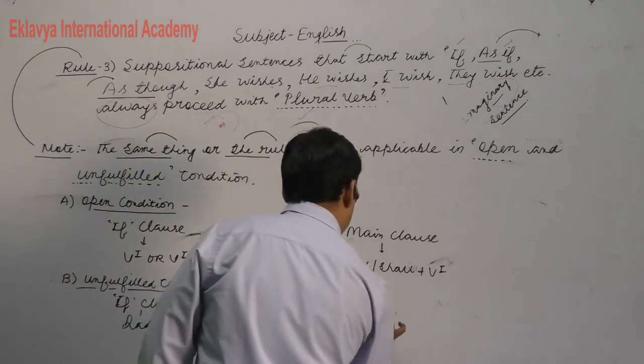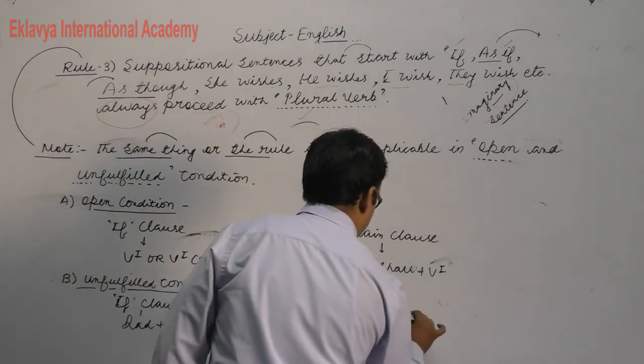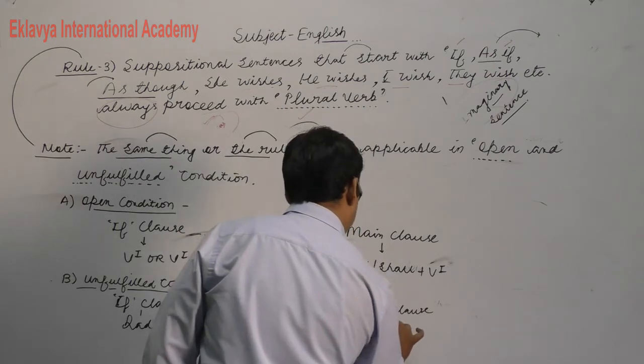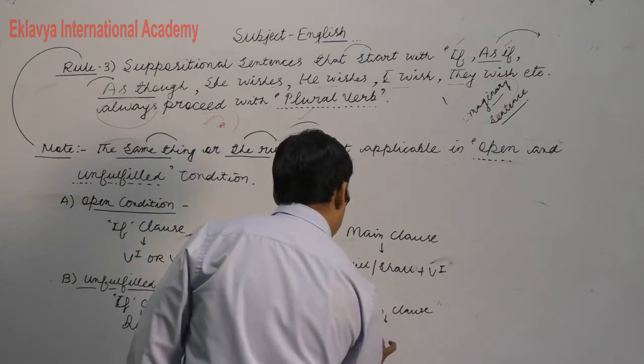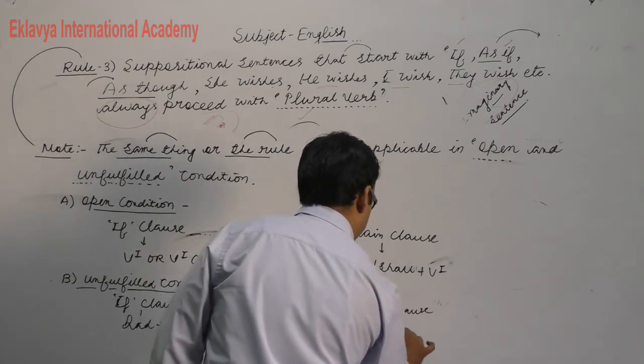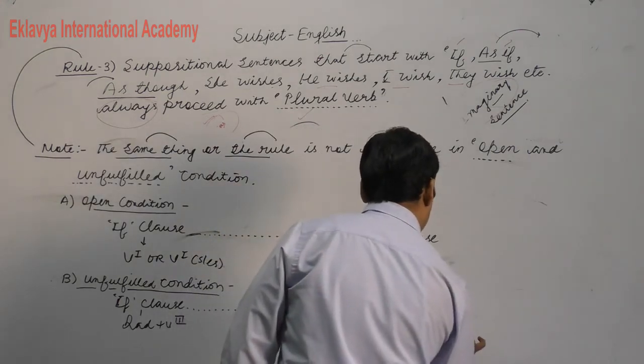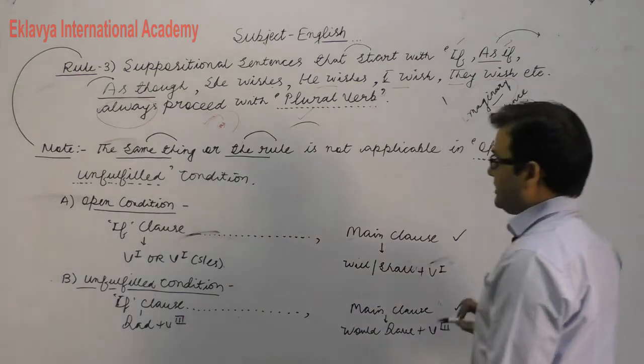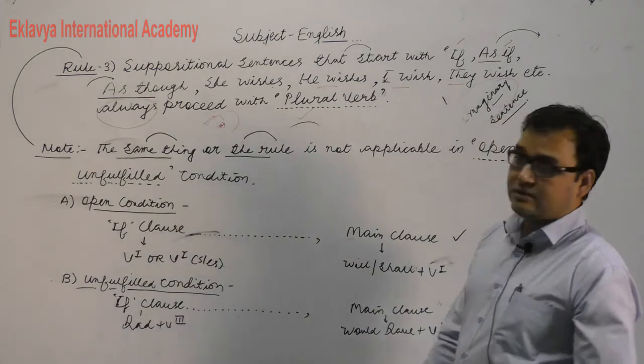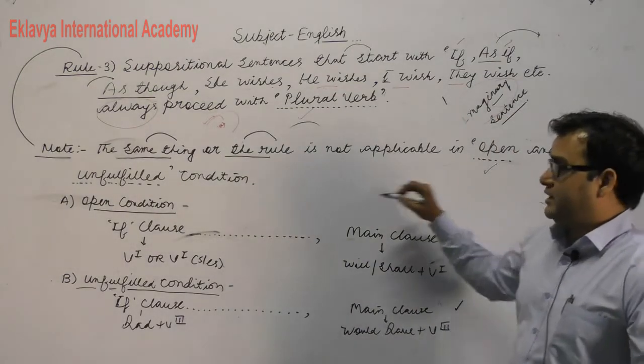Main clause: would have plus third form. These are basically the formulas to use for your open and unfulfilled condition.